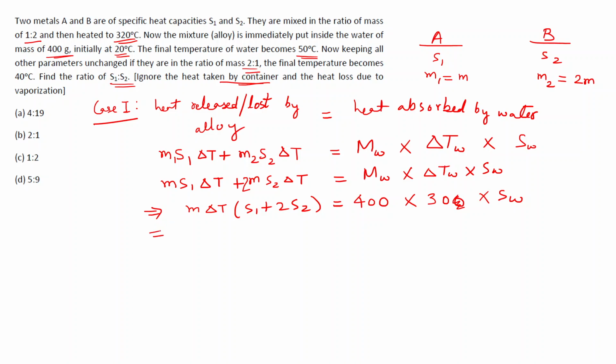If I rearrange this, I'll get S1 plus 2 S2 equal to 400 gram times 30 times SW, divided by M delta T. We don't know the mass, so I'll just keep it, but delta T we know.